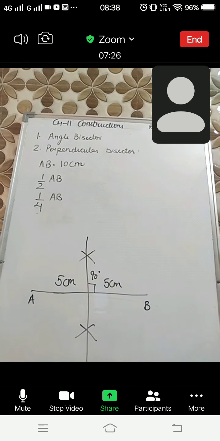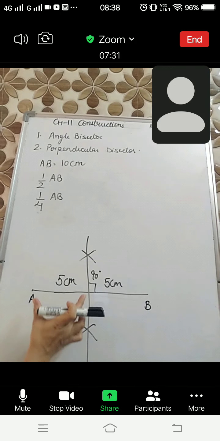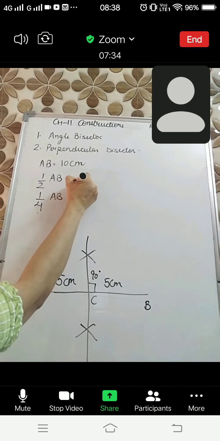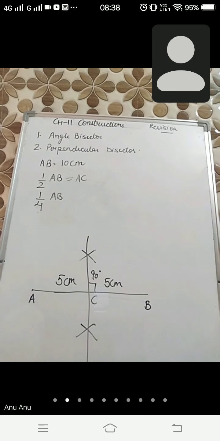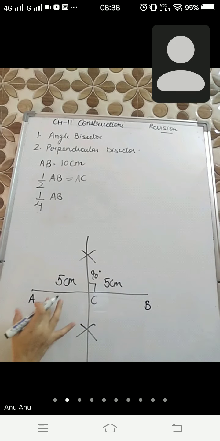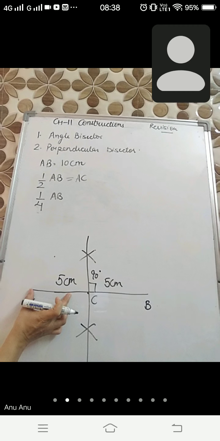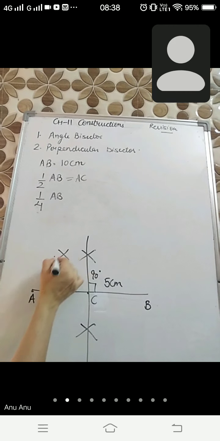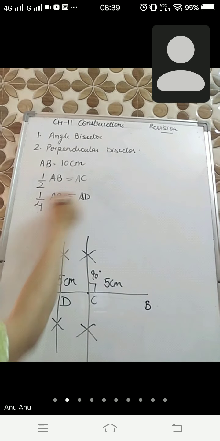If I have drawn the line segment AB that is of 10 centimeter, and I draw the half of this line, this part AC is known as half of AB. If you further divide this AC into two equal parts by taking a radius equal to half of AC or more than half of AC, and you draw the line here and name it D, this AD is known as 1/4 of AB.